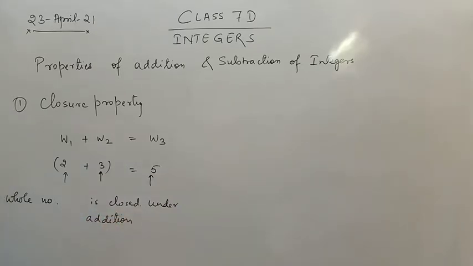I think it's clear हो गई होगी. अगर आप दो whole numbers को add कर रहे हैं and if you get a whole number as a result, that means जो addition है वो closure property को follow करेगा. That means addition of whole numbers follows closure property.